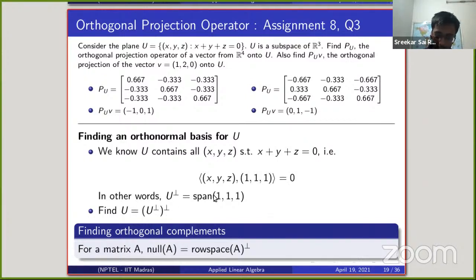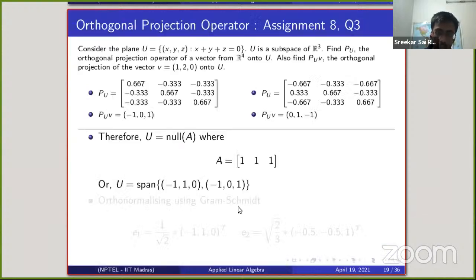So here our matrix would be simply the 1, 1, 1 matrix, and all we need to do is find the null space of this matrix. This would obviously be (-1, 1, 0) and (-1, 0, 1). This is a simple basis you can think of.